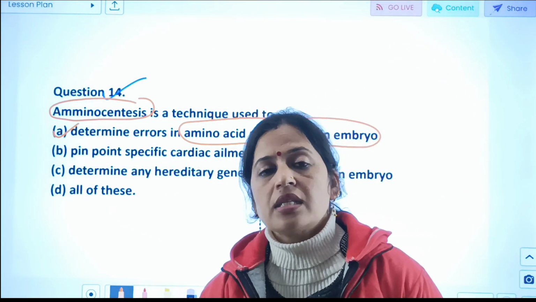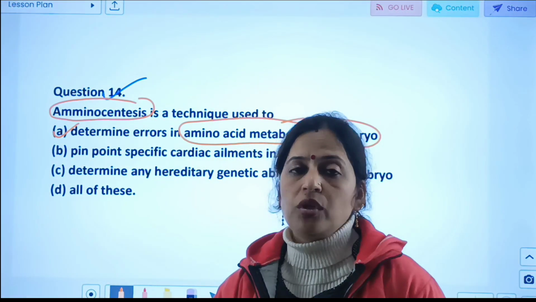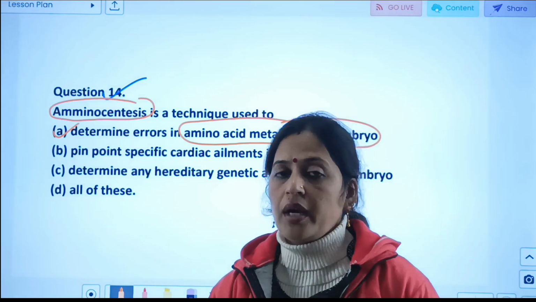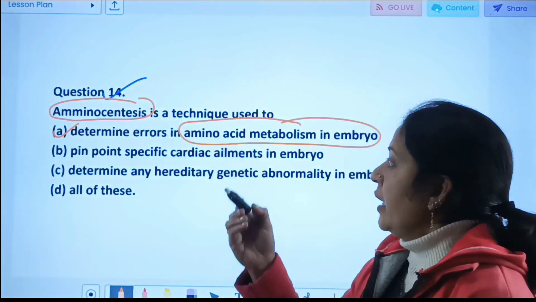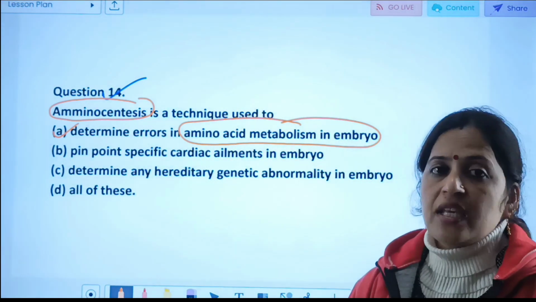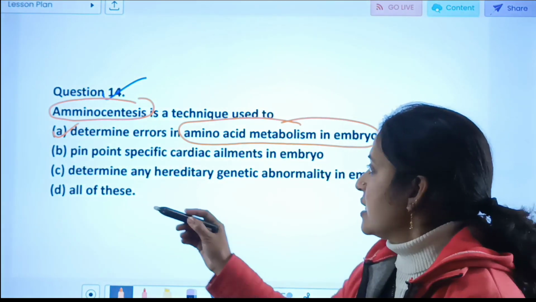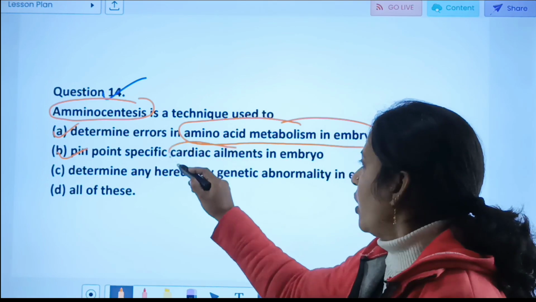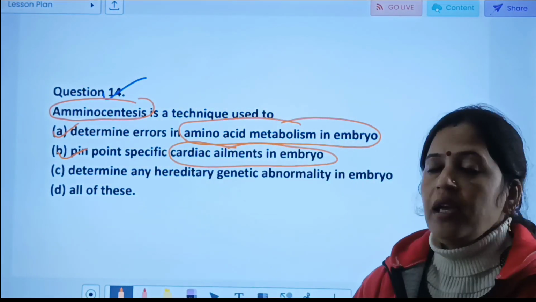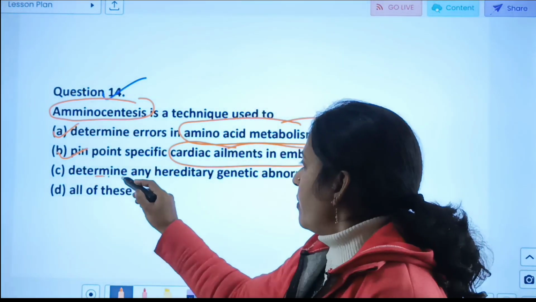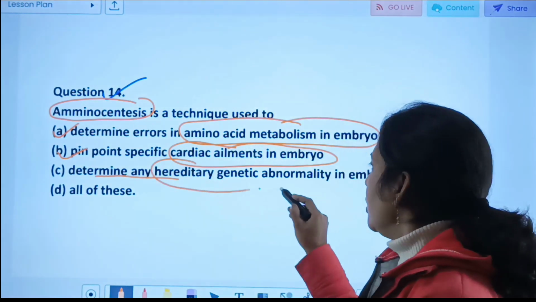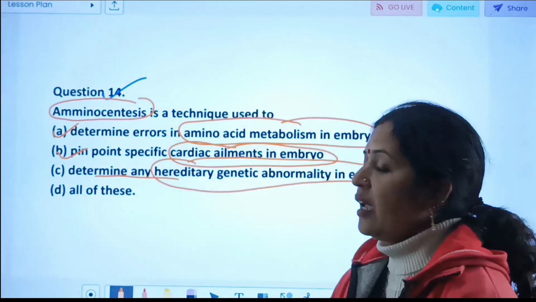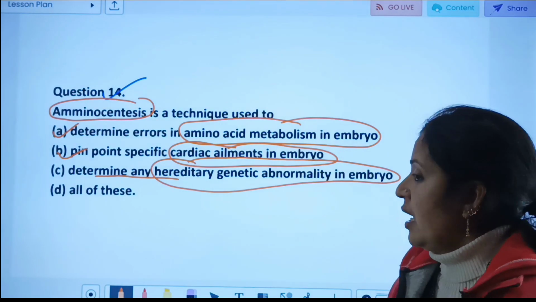Second one is to pinpoint specific cardiac ailments in the embryo. Third one is to determine any hereditary genetic abnormality in the embryo, and D is all of these.